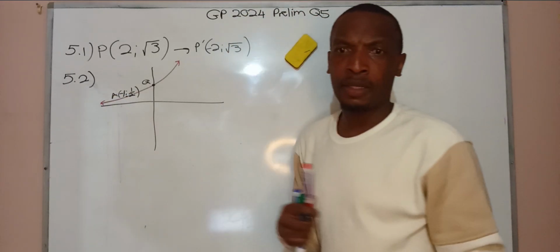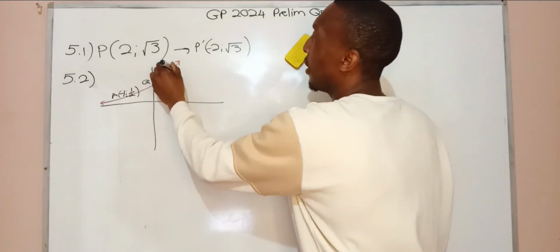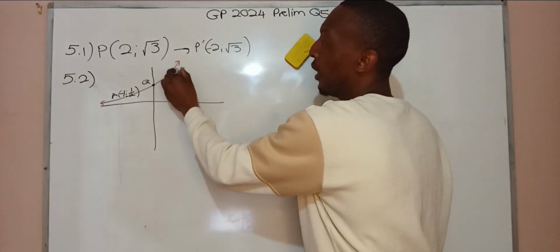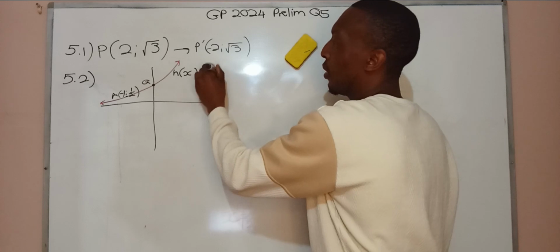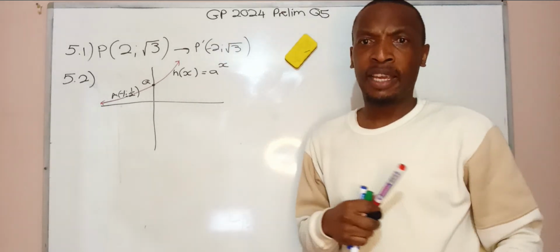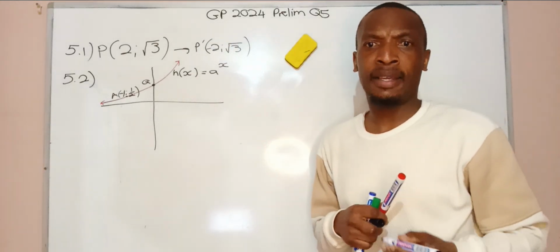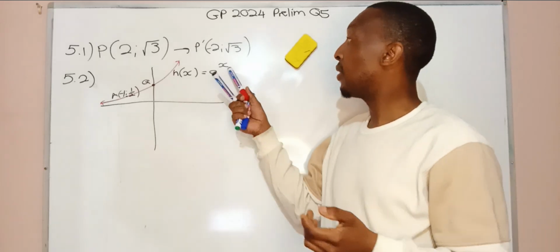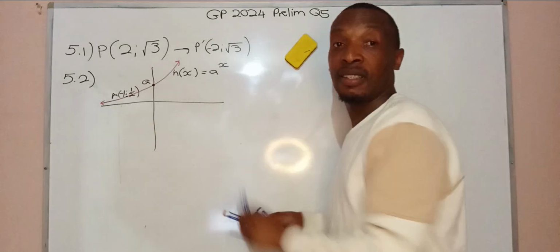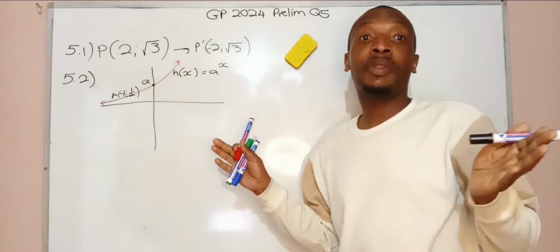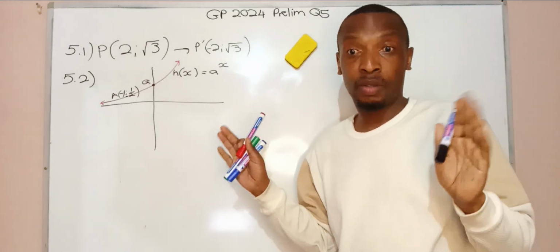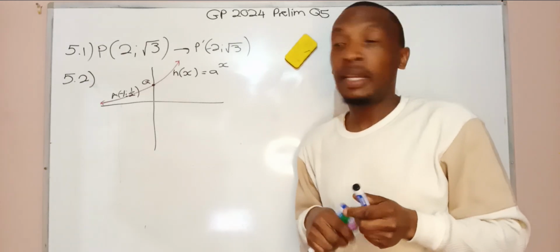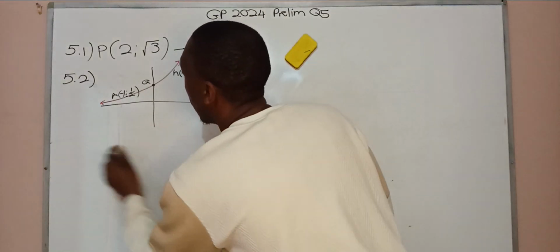Right. And they say this is h, and the equation is h of x is a to the x. So the fact that the variable, the x, is an exponent, we know that this is an exponential graph.